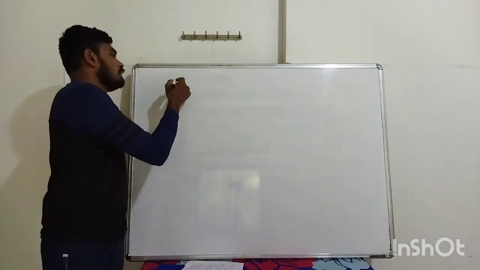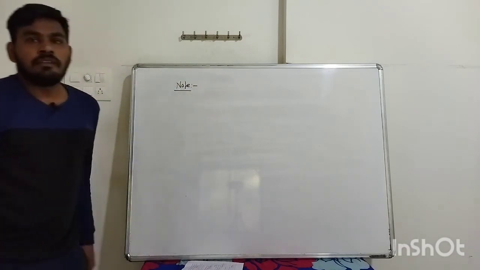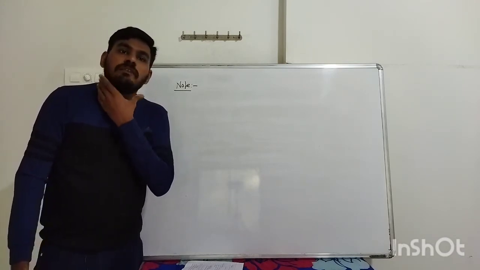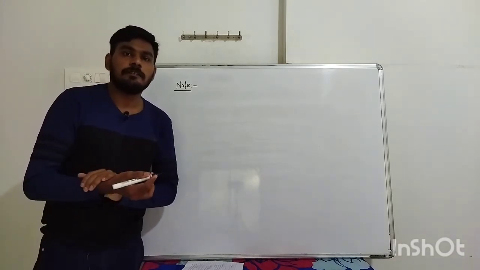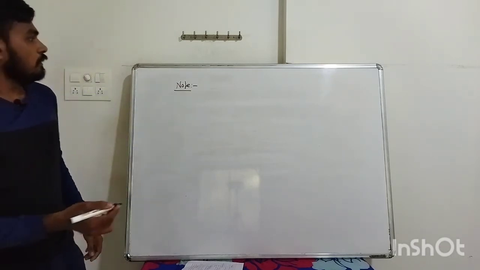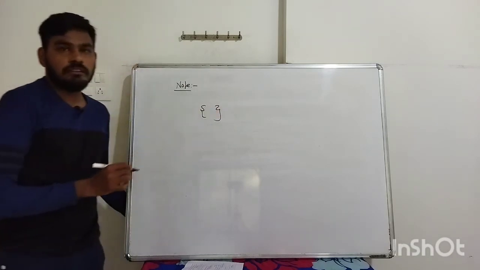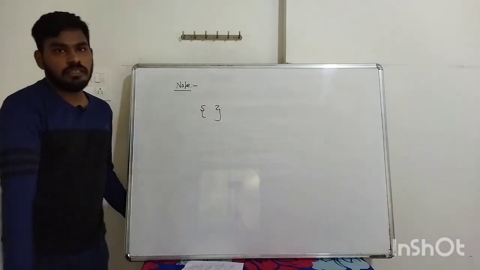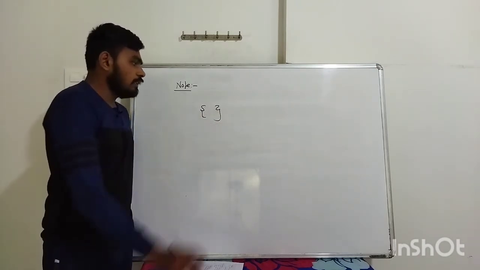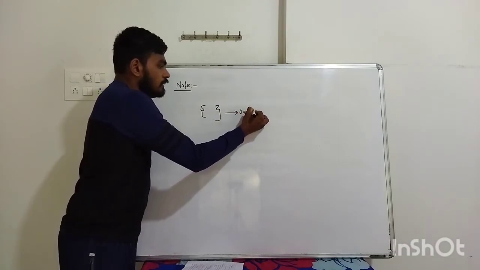Now this is one interesting fact. We'll write it as a note. I'll ask you all, is the empty set a finite set or not? For that, we just have to know how many elements are there, whether we can count that or not. This is an empty set, there is no element in it, so we can clearly say we have 0 elements.